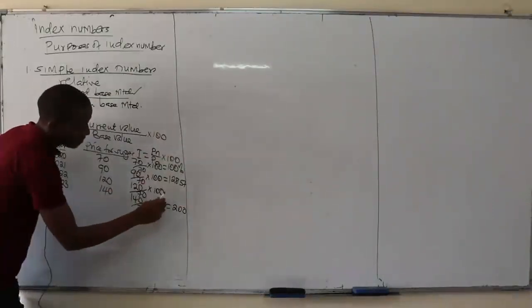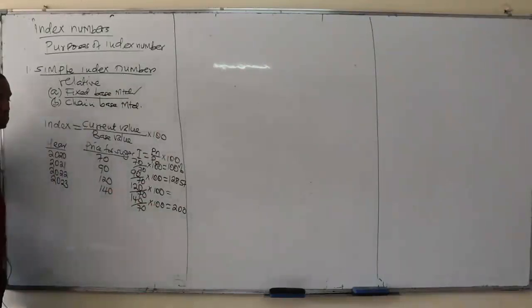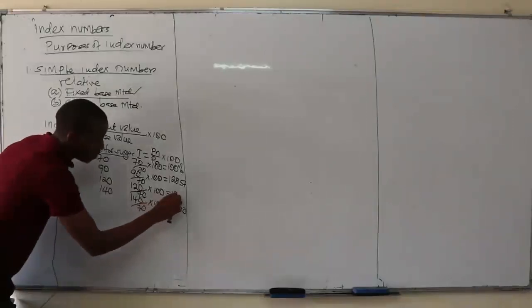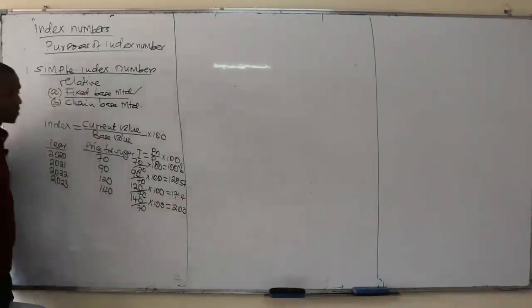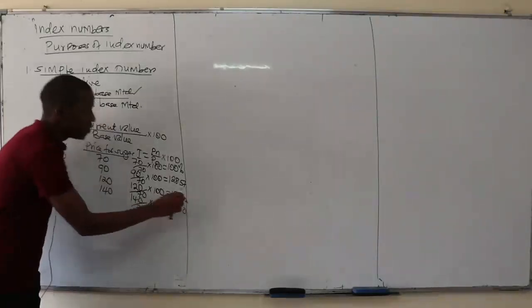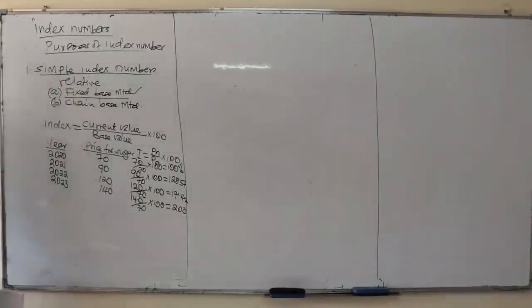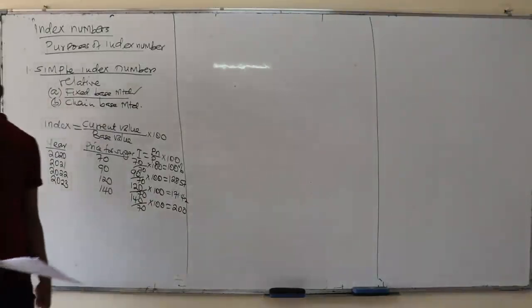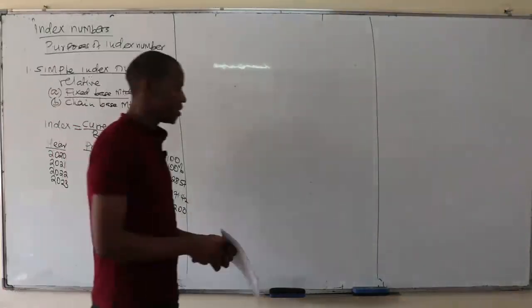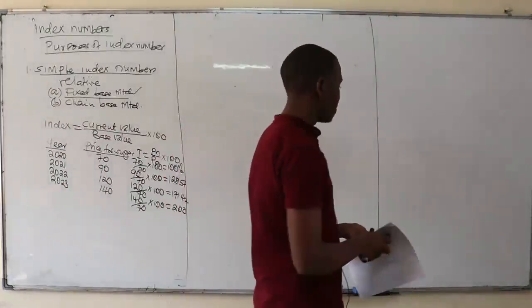And this one you are getting 171.42. That is how you compute the simple index using the fixed base method.